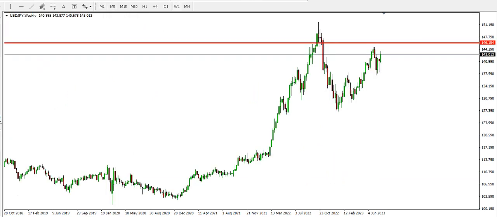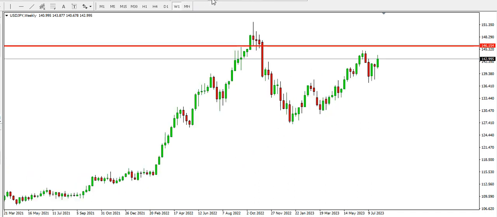Let's quickly take a look at GBPUSD on the weekly time frame. Price of GBPUSD is still bullish. The trend is bullish on the weekly time frame. Okay. Price dipped to this point.